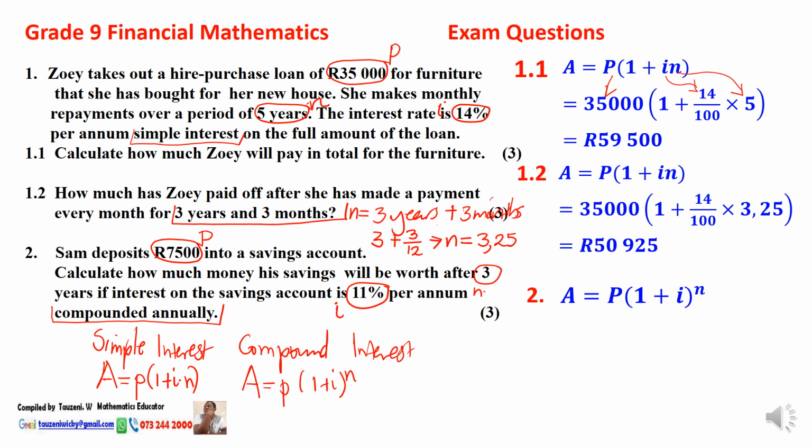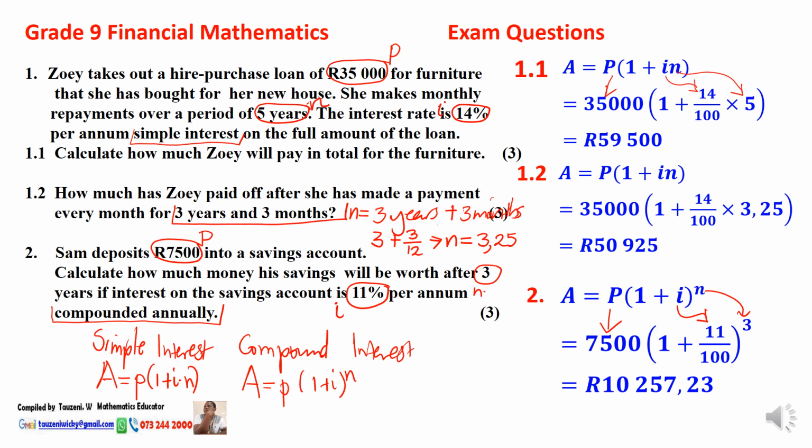P is the money that was invested, so in place of P is 7,500. In place of i, the rate of interest, is 11%, which you express as 11 over 100. n is equal to the period, which is 3 years. Then you type this expression in your calculator and you will get the answer for this question.